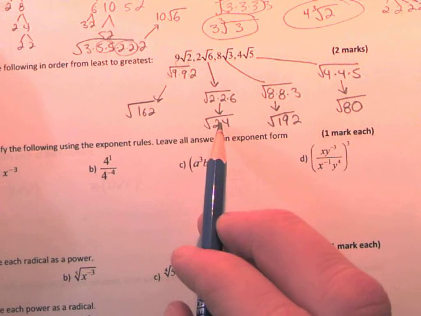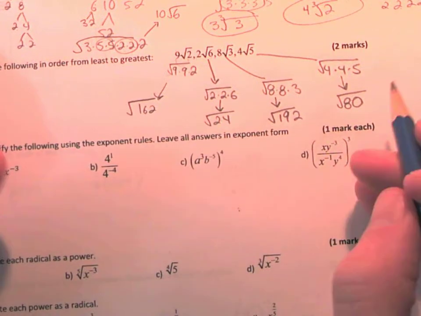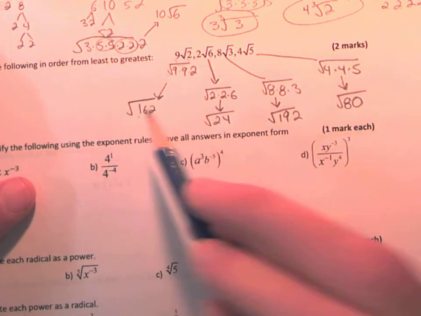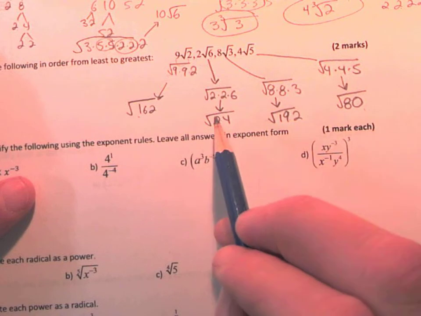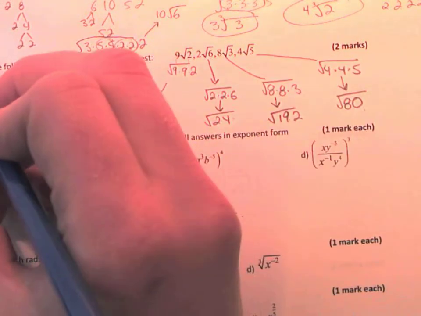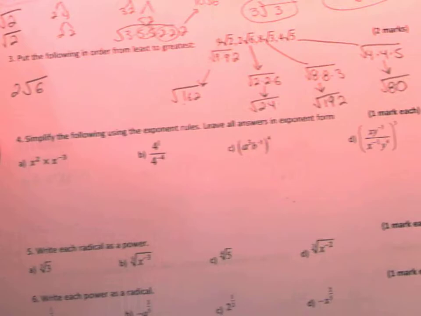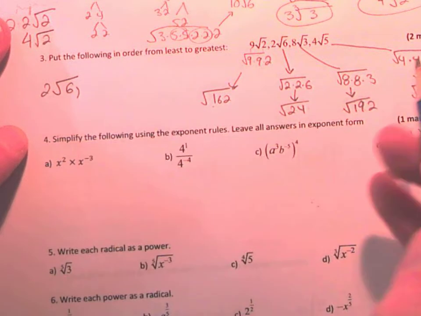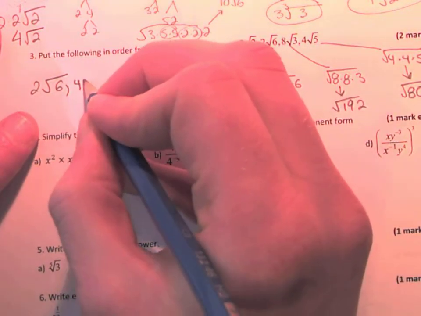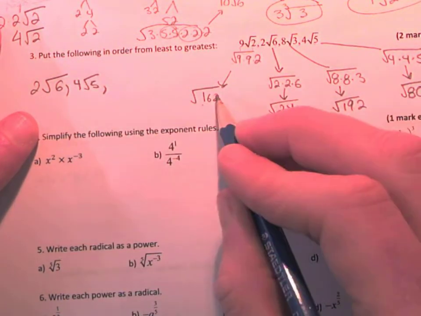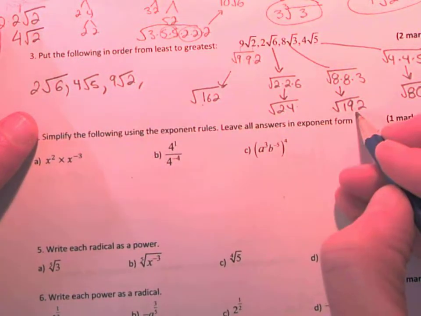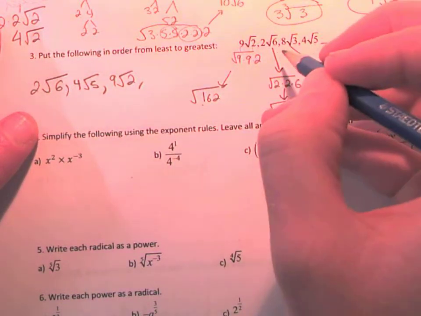Now I can compare all these numbers because they're all under one radical symbol. So this one's the greatest, second greatest, third greatest, least. So the least, the 2 root 6, will go first. And then the second one is root 80, which is 4 root 5. Third one is root 162, which is 9 root 2. And then the last one is root 192, which is 8 root 3.